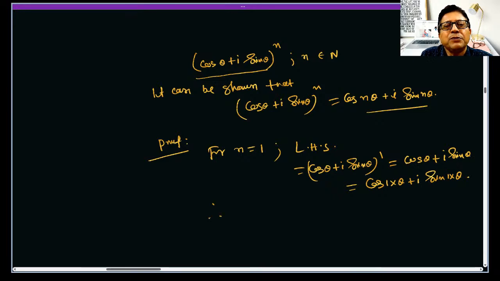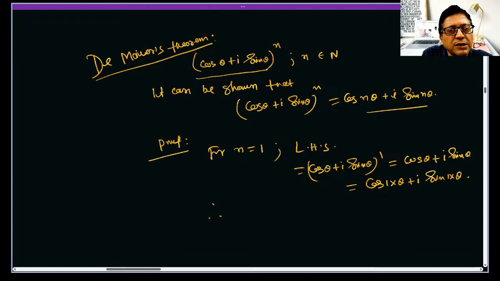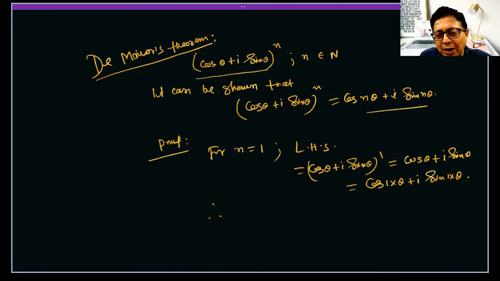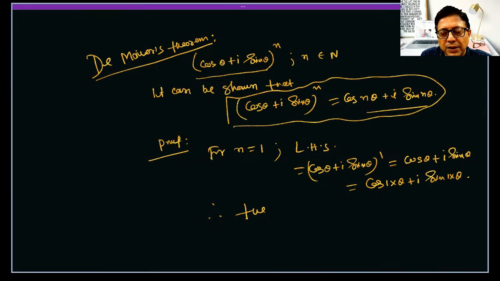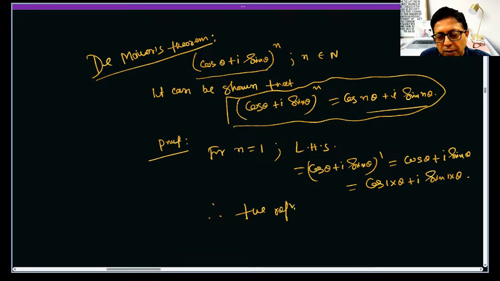Therefore, if you say this theorem and you are going to prove with the help of mathematical induction, then the basic step for n equal to 1 is done. Therefore, the relation is true for n equal to 1.